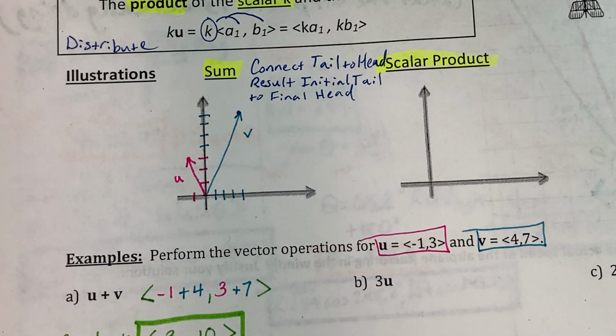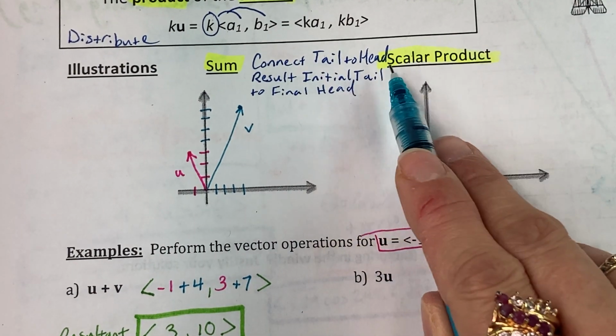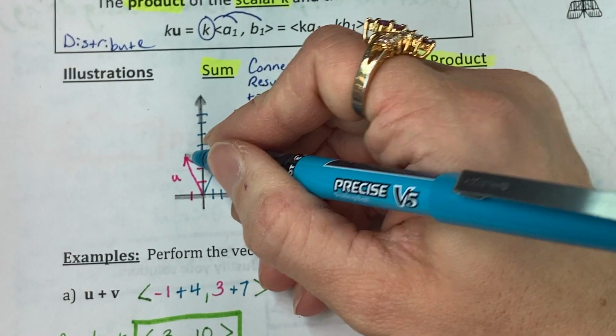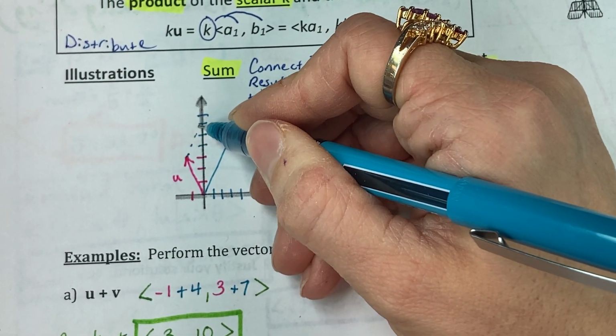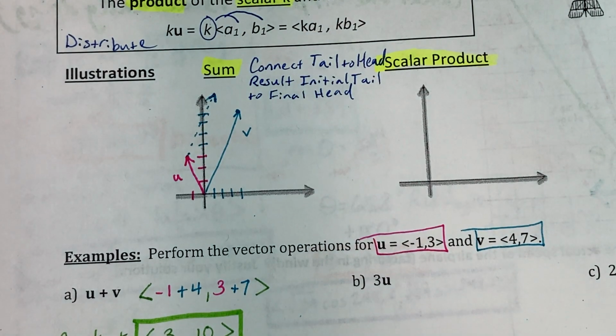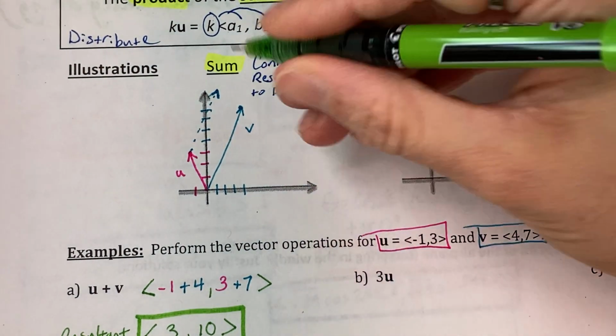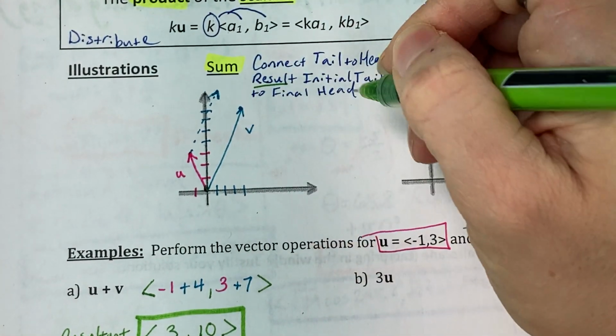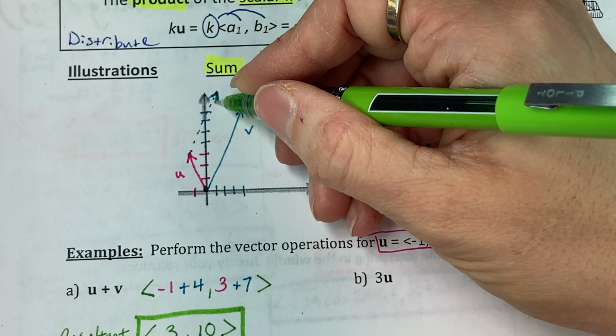So if I want to find the sum, similar to what we did on the previous page, we want to connect tail to head. So I'm going to start by moving the blue tail to the pink head, which gets me something about like this. Then to find the result, we take the initial tail here with the final head up here.